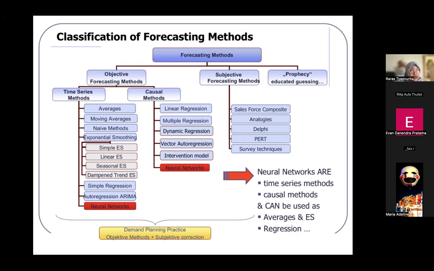Even in the Prophet model, there is an additional one that they consider, which we never considered before: national holidays. Every year, so this is part of the seasonal, right?